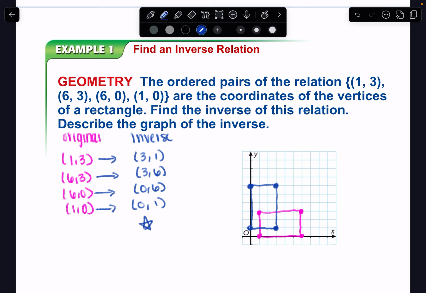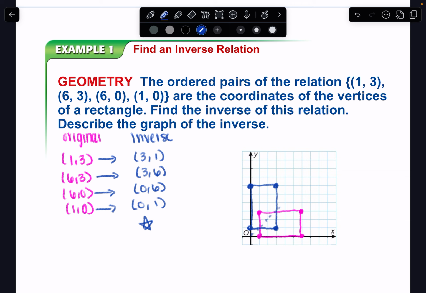From here, what the next part is asking you to do is to describe the graph of the inverse. So kind of stating how it actually changed, or how it reflected. So if you're looking at your original one is on your x-axis, and then it flipped over to now be on your y-axis.